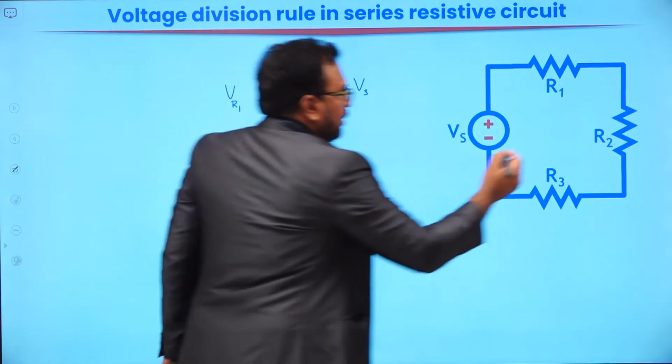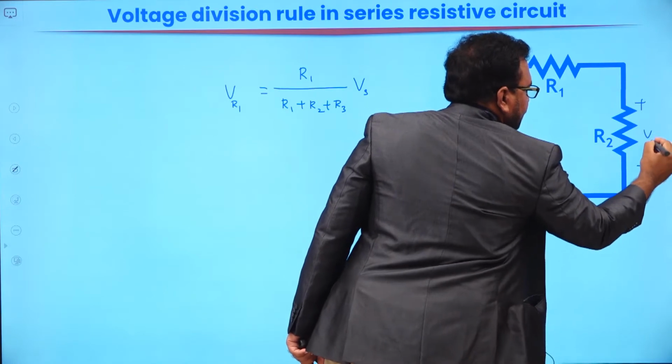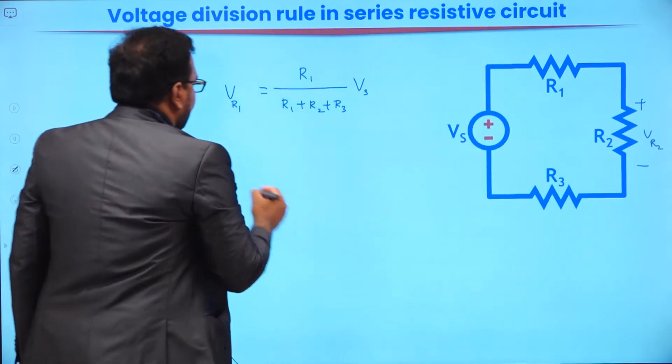Similarly, if you want to calculate the voltage across resistance 2, how will you write down the formula?